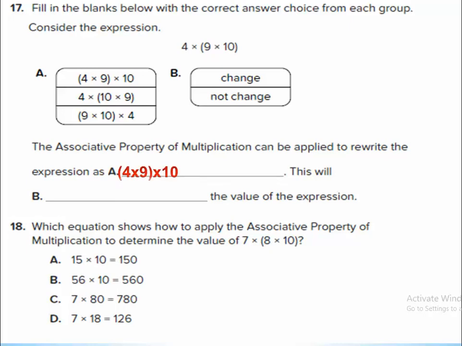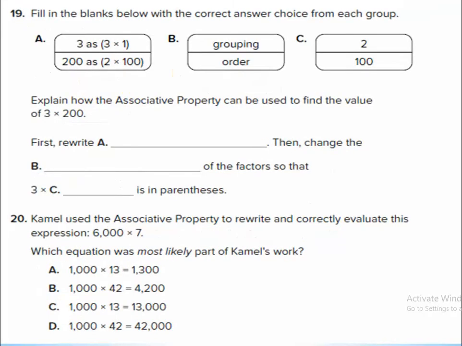Will the answer change? No, it does not change. Which equation shows how to apply the associative property of multiplication to determine the value of 7 times 8 times 10? Okay, let's group 7 times 8, it will be 56, and multiply 56 times 10 equals 560.